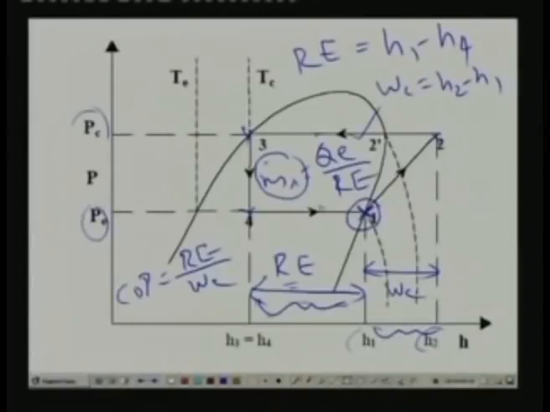So using the pH diagram, you can find all the required performance parameters. That is the reason why we use these pH charts very widely in refrigeration cycle analysis. In the next lectures we will use this to evaluate the performance of standard vapor compression refrigeration cycles. And as I have already mentioned, this pH chart is sometimes known as the Mollier diagram.